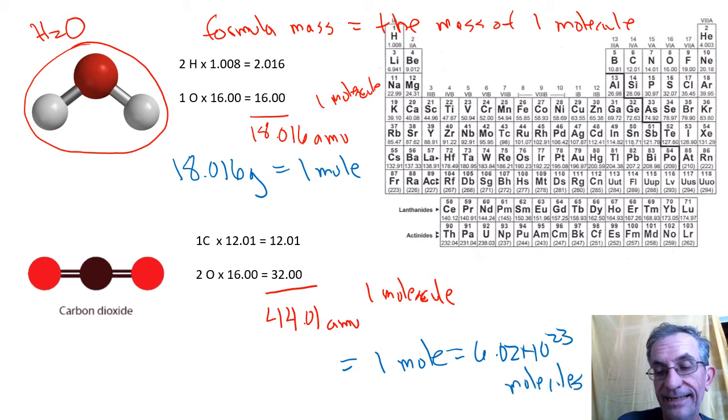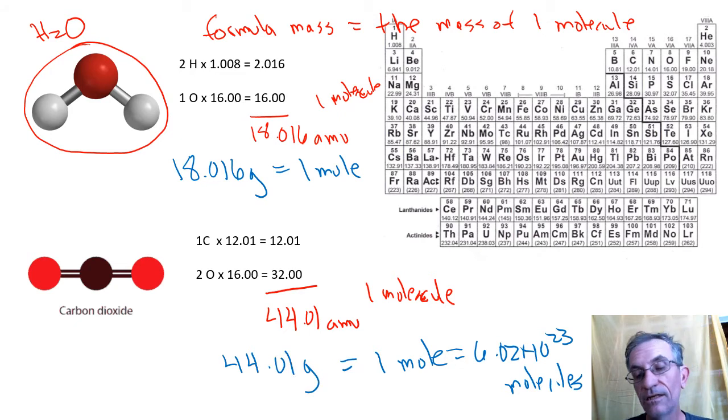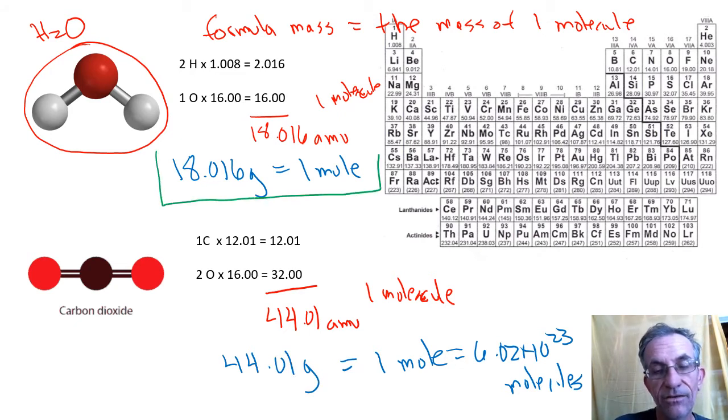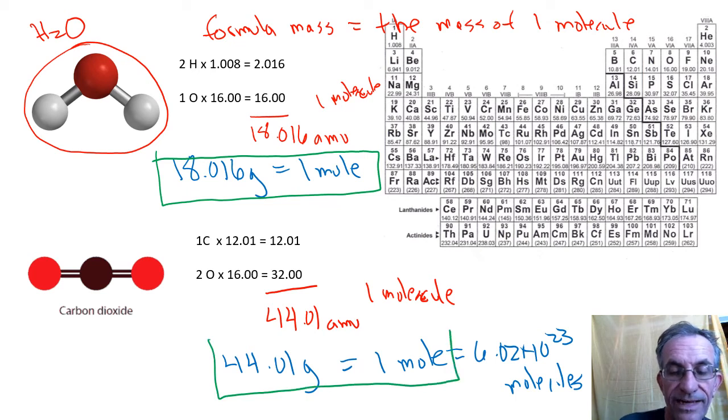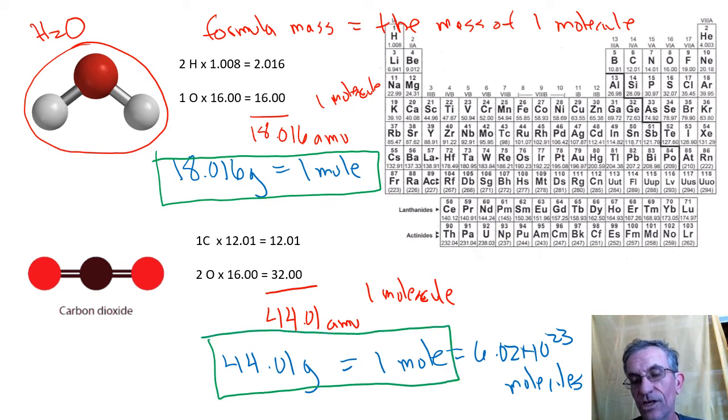That is the weight of a mole, I should say, that weighs 44.01 grams. So the number off the periodic table, it tells me the weight of a molecule, but also tells me the weight of a mole. A huge collection of molecules. So we can use these as conversion factors to go from grams to moles, kind of like we did with an element a minute ago.